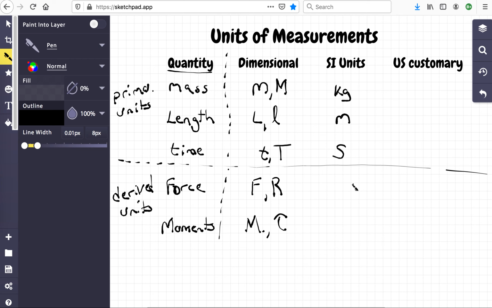Now for the force, we would say that it's N, and that stands for Newton, and we can thank Newton for all of Newtonian physics. And the dimension is usually a capital F or capital R. A moment, we would say, has an SI unit of Nm, or sometimes you'll see it without the dash, and that stands for Newton meters. So those are the units of SI measurements.